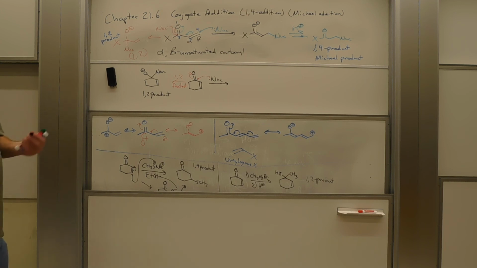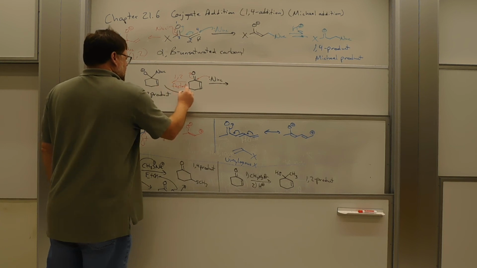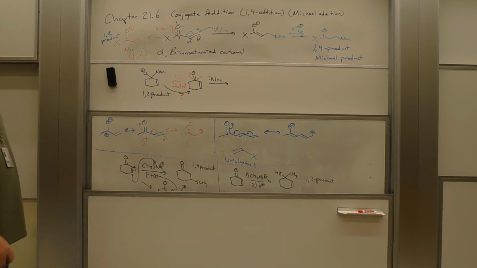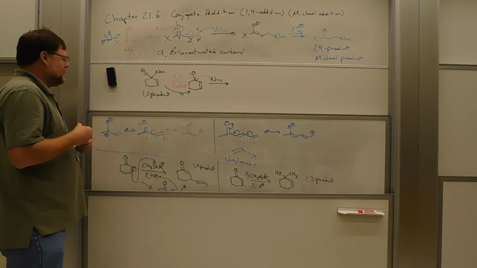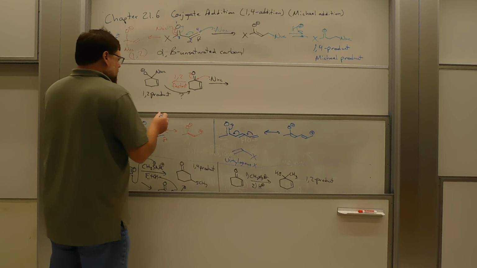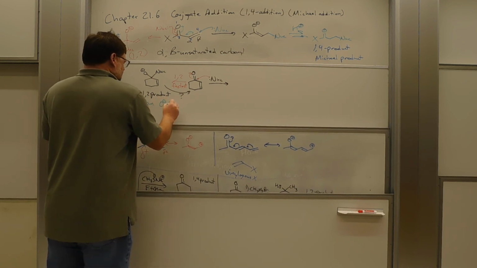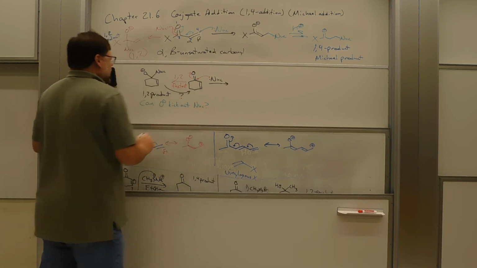And again, just like we did with kinetic versus thermodynamic enolates, the question then is, does that back reaction happen? So the more specific question is, can the O minus kick out the nucleophile? Right?